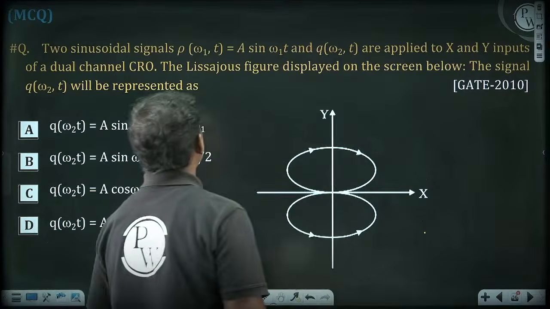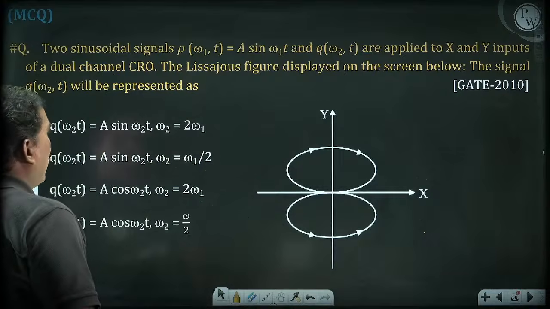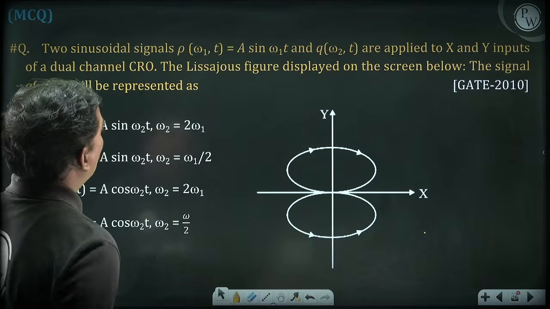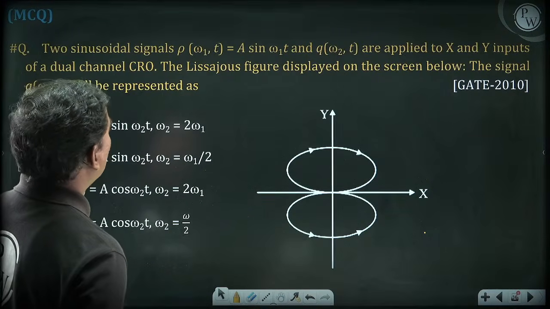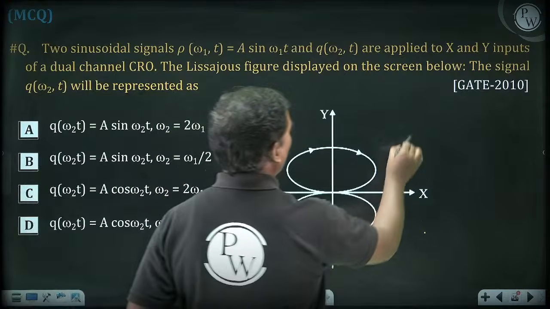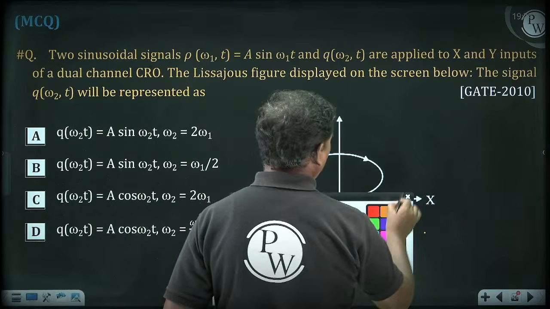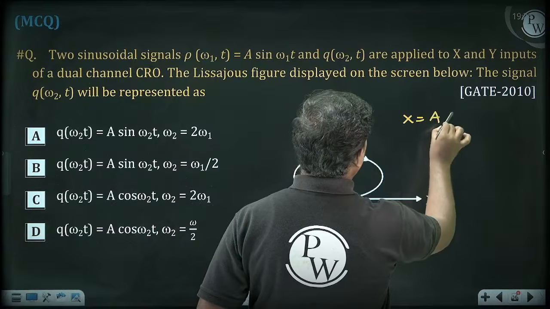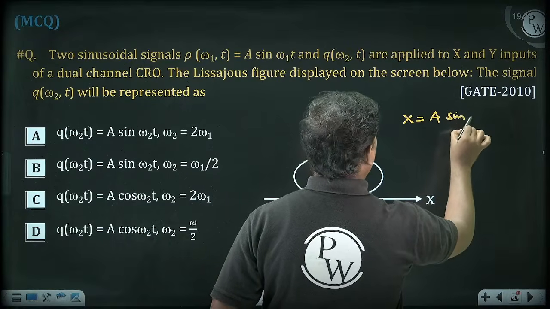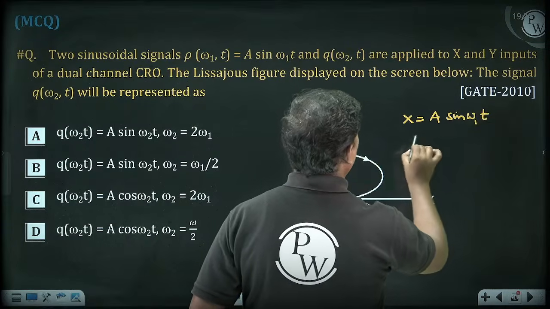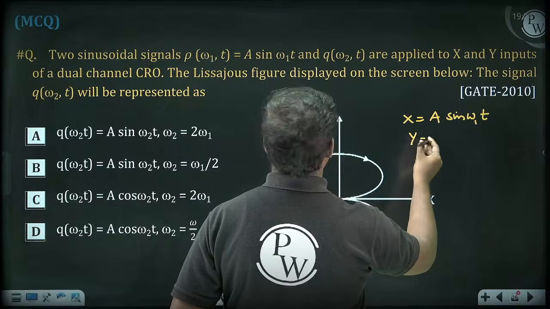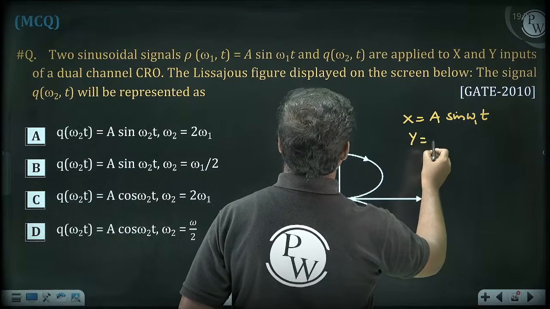Two sinusoidal signals, P of t and Q of t, are applied as X and Y inputs. For X plates we have given A sin omega 1t, and for Y plates what have we given?